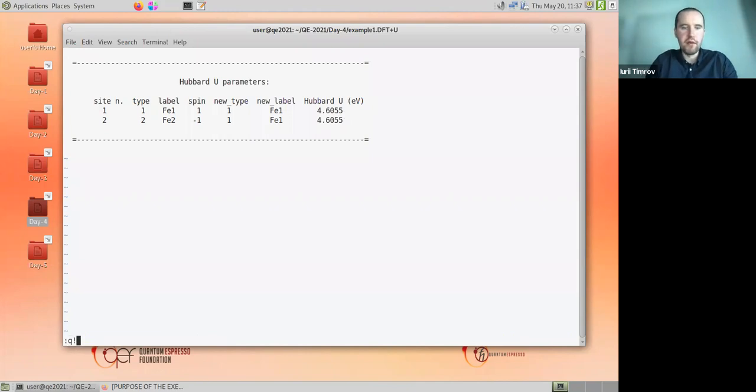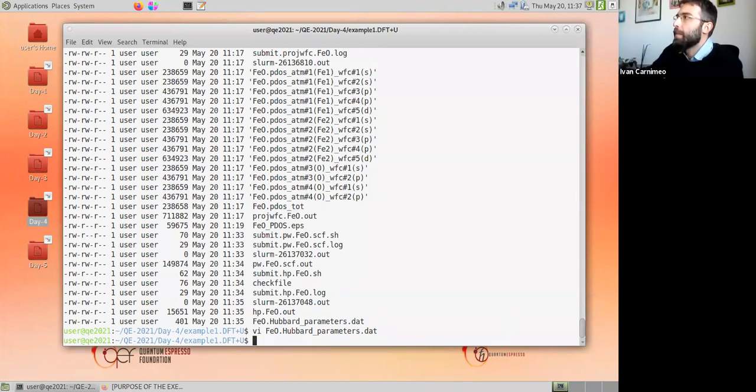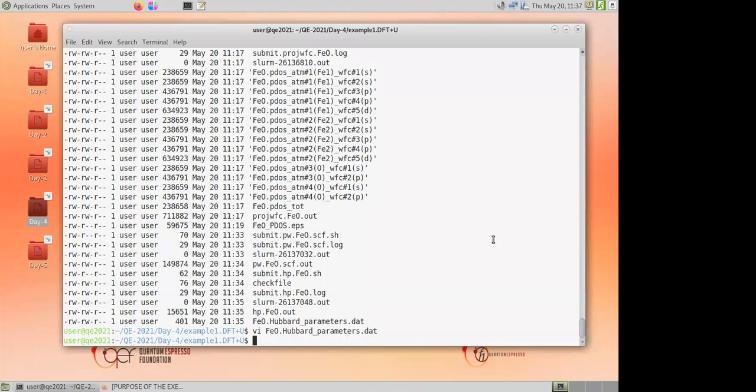Okay, now a couple of questions before we go to the second example about hybrid functionals. We have Ignacio with the raised hand. Thank you.